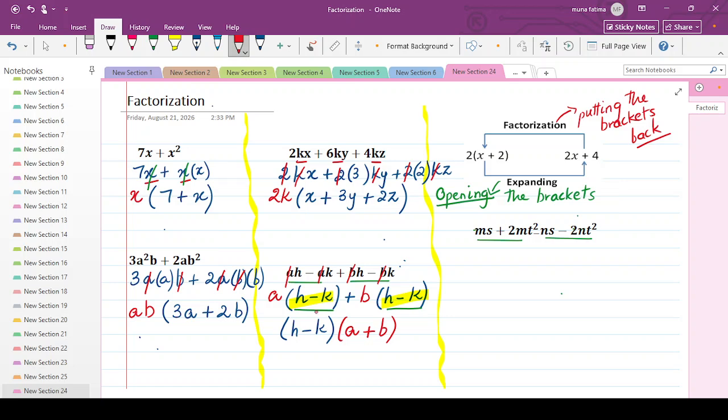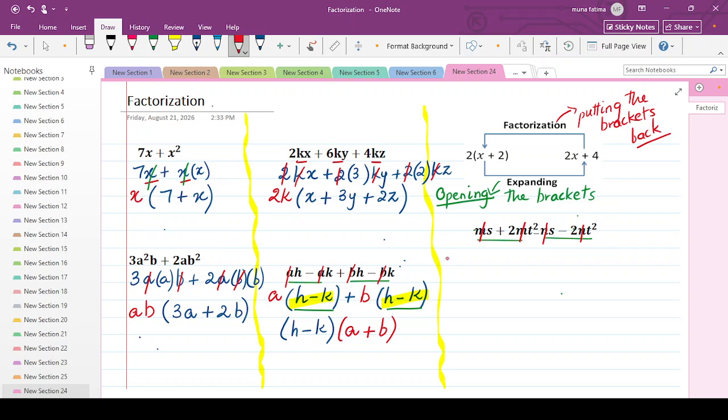Similarly, we're going to do the same for the last one. In the first two terms we have m common. Anything else common? No. There's only an s over here and there's no s over here, so we can't do anything. In the next two terms we have n common. T square is not common, the 2 is not there, so that is all.